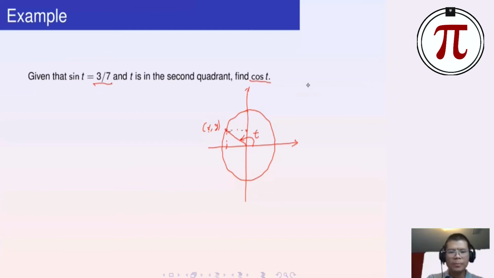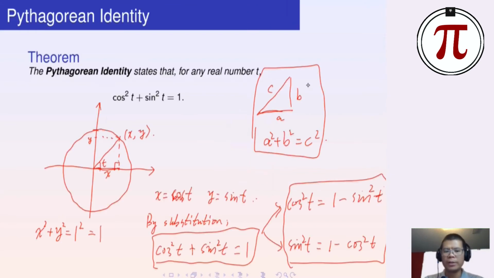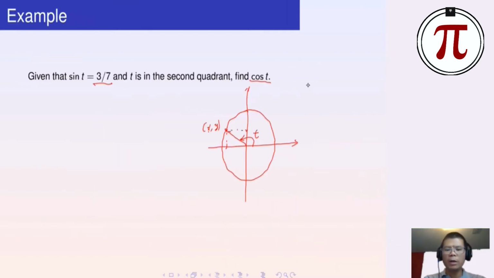To find this one, we need to know the relation between cosine and sine using the Pythagorean identity, which is that their squares sum to 1, and also we have these two equivalent equations, right? So given sine of t, we want to find cosine of t. So, solution.